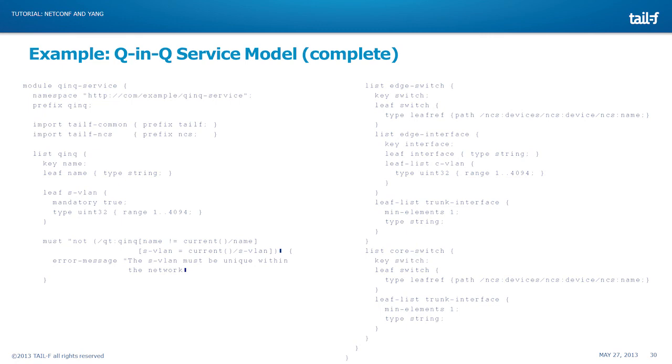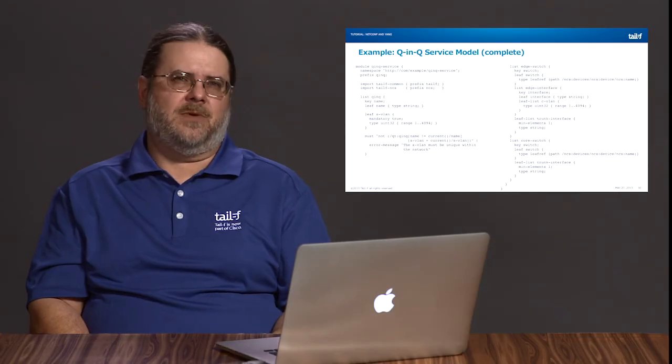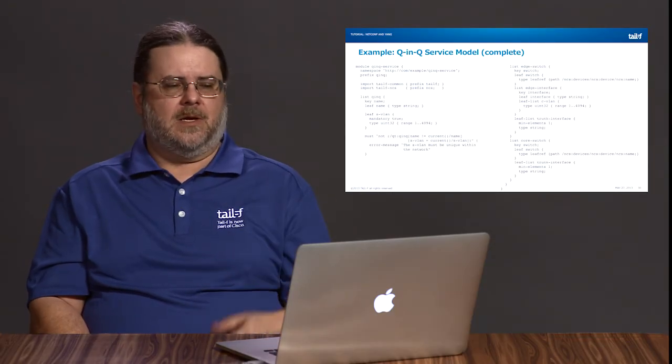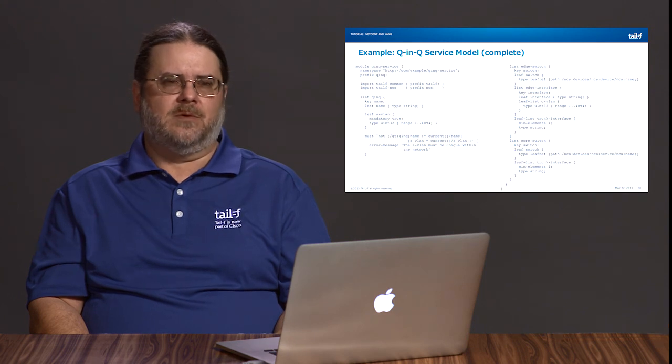You could have things such as a list of edge switches that those switches can only exist if they're modeled, say, in your device table, etc., through the rest of this model, just as an example of how you can model something at a more abstract level with Yang.